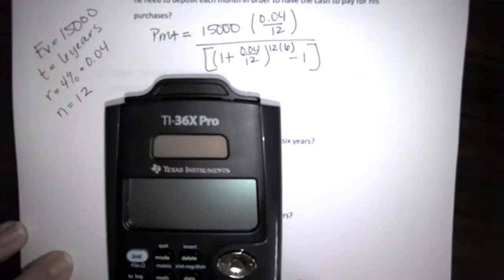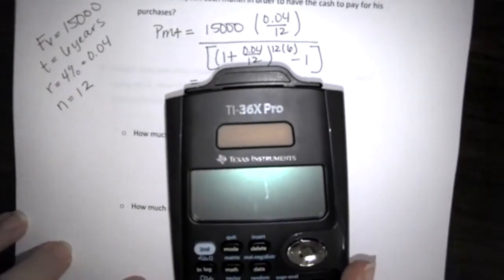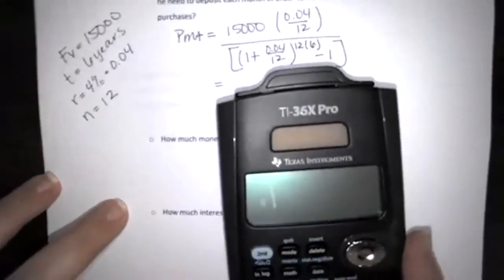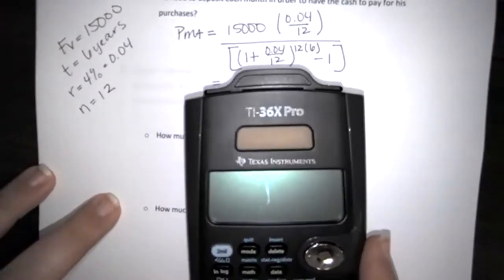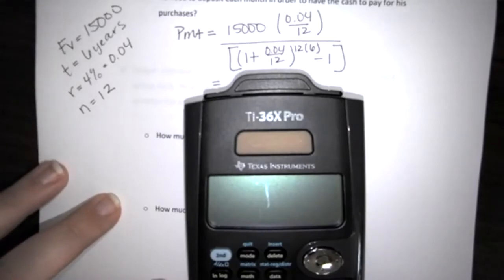So again, if we look at the calculator, we should be able to make that payment easily. So we're going to start from the bottom and we're again going to work our way up. Okay, so we've got 0.04 divided by 12 and hit enter.